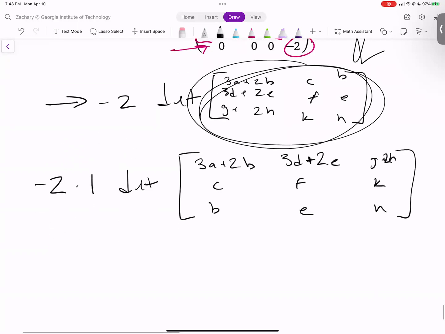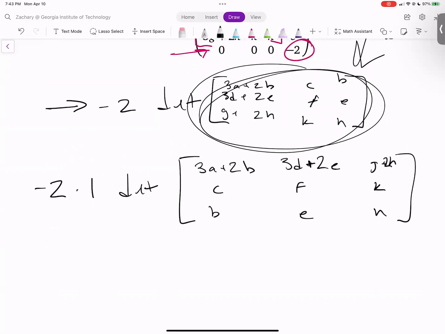All right. So now what do we see? Is this something that we can get from our original matrix pretty easily? Ish. Is there anything that maybe we can cancel out a little easier? Yeah. Okay. Yeah. Three G. Right.